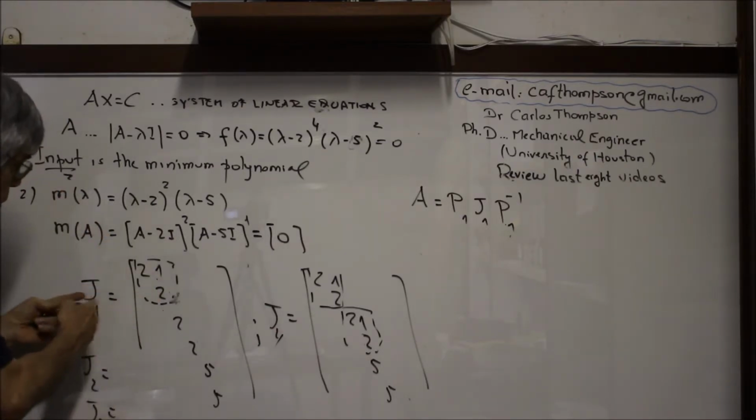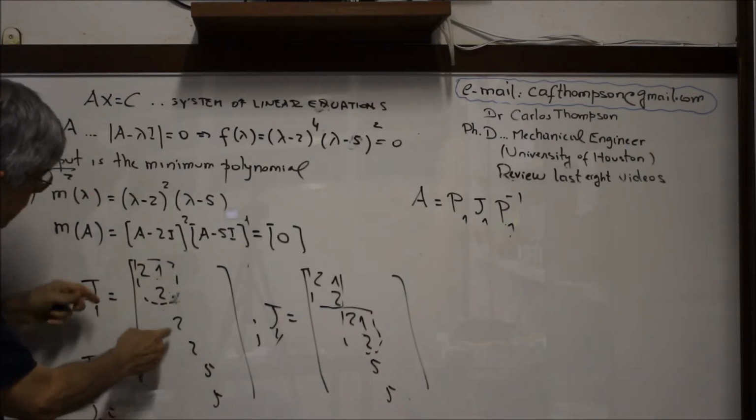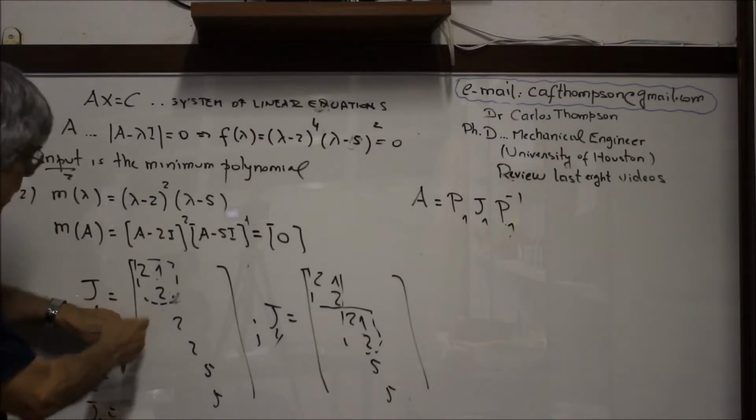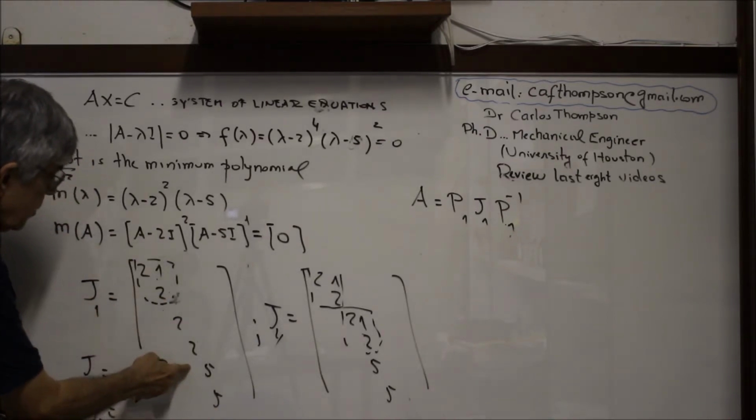Rank of what? J1 minus 2I. If I subtract 2 here, this will be 0. This will be 1 pivot, 2 pivot, 3 pivot, because this will be 0.